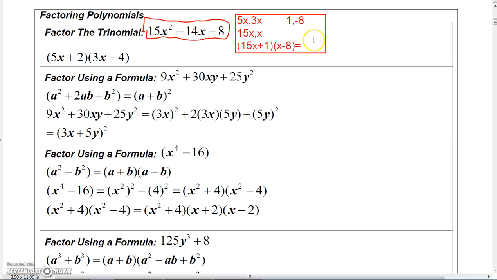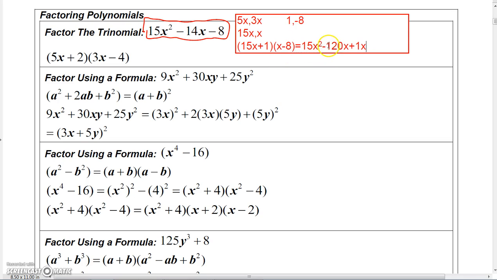Okay, well, if you check this by the FOIL method, here's what's going to happen. 15x times x is going to give you 15x squared. And then when you multiply 15x times -8, grab your calculator if you need to, you're going to get -120x. And then when you multiply 1 times x, you're going to get 1x.